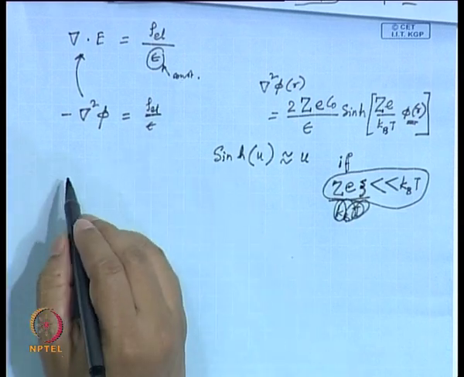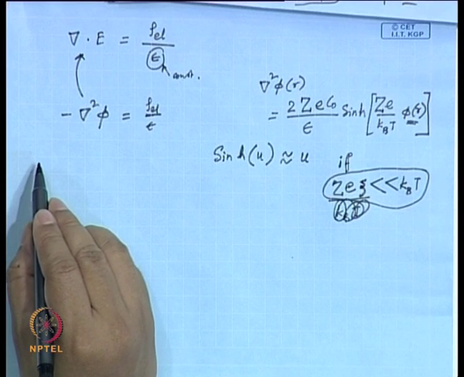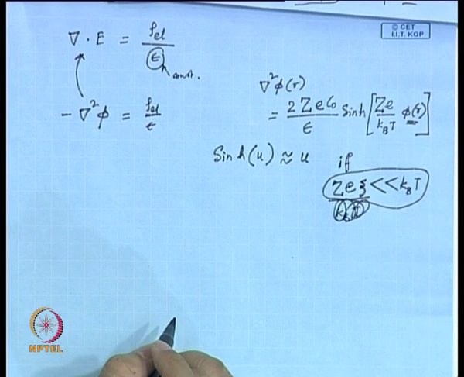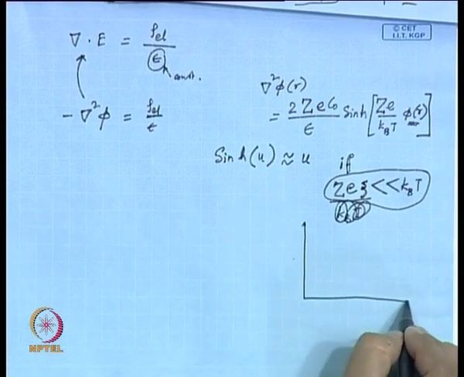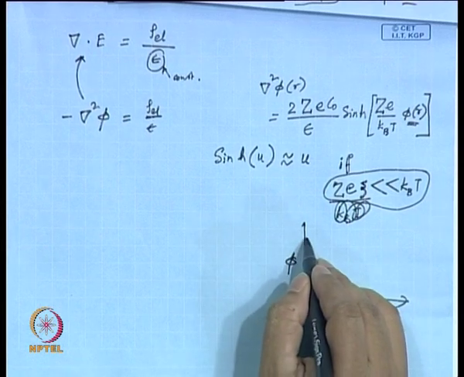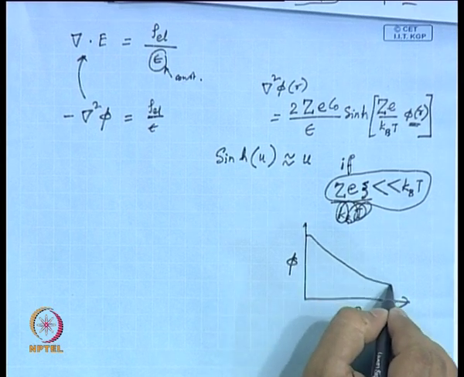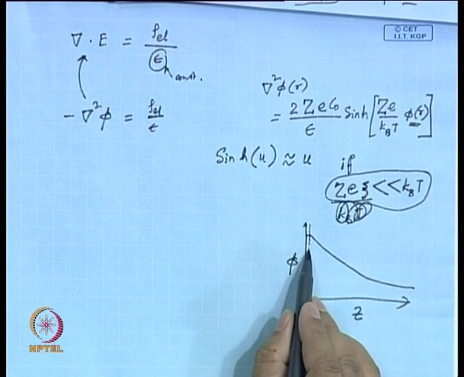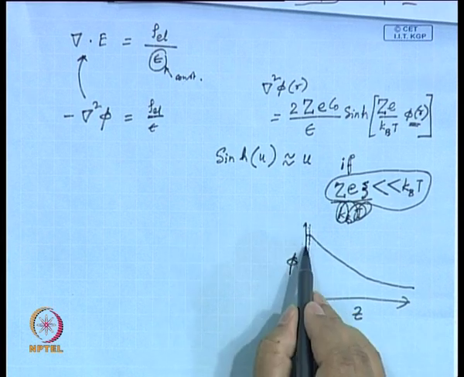See, if we plot phi versus z, then you get a profile which is something like this. This is actually that Stern layer that we had.